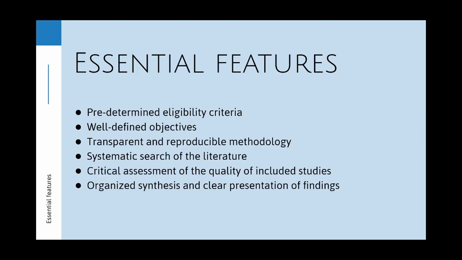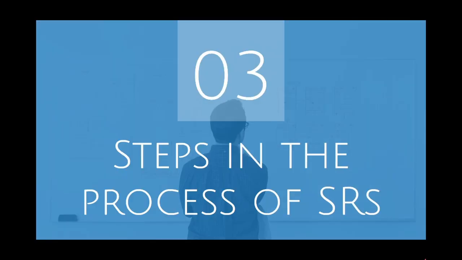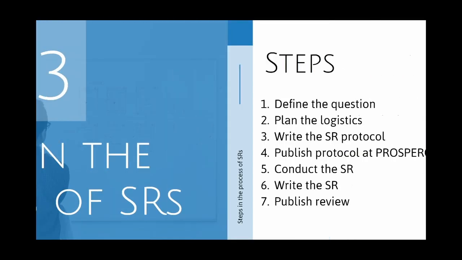Another key feature of systematic reviews is that you have organized synthesis and clear presentation of findings, and this is very important because you save readers the time and expertise needed to locate all of the original articles. So they don't need to read all the articles about a certain area, they just need to read your systematic review.